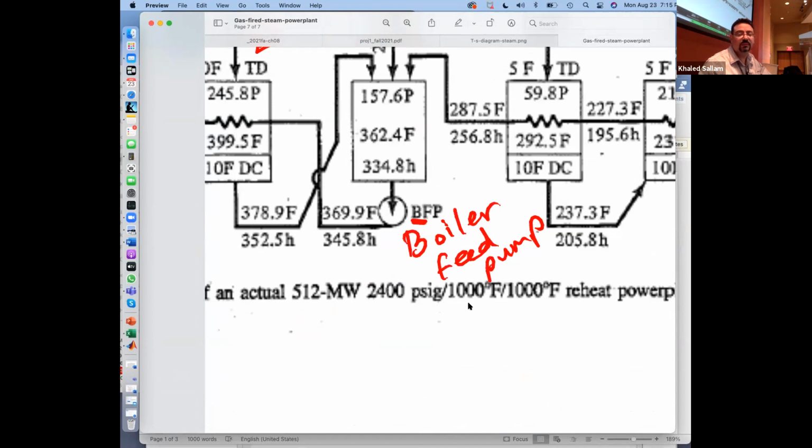What does that mean? What are those two temperatures? What do you think, guys?